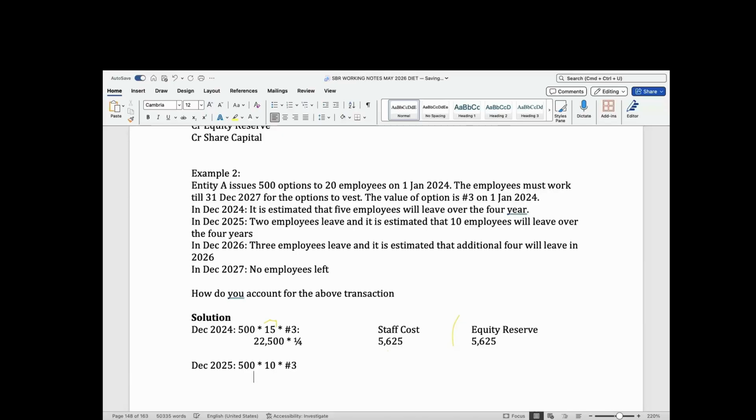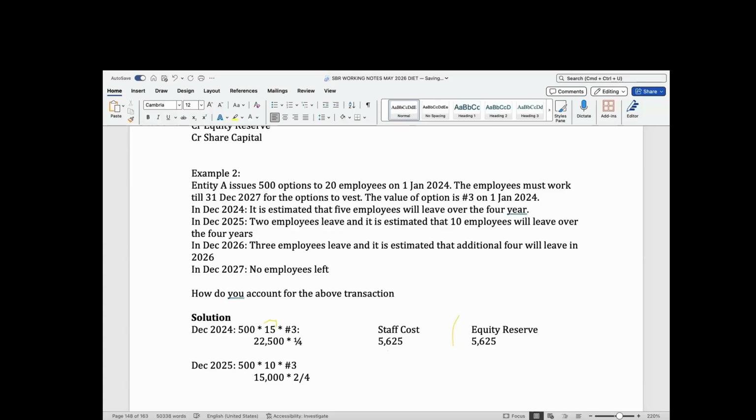So how much would this give you? 15,000. Okay. So what goes to my equity reserve is the cumulative now for year one and year two.